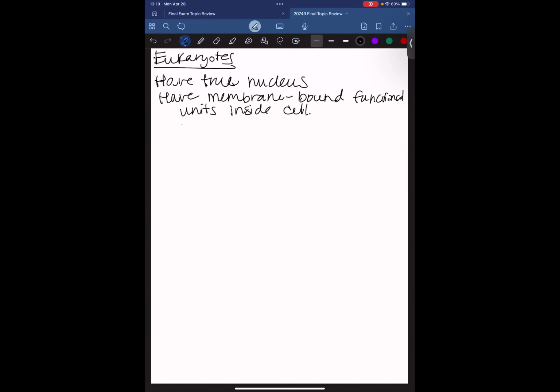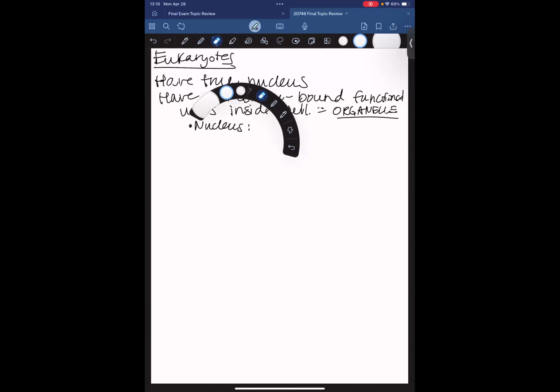Here are some examples of organelles. The nucleus, the control center of the cell, it also houses the genetic material.